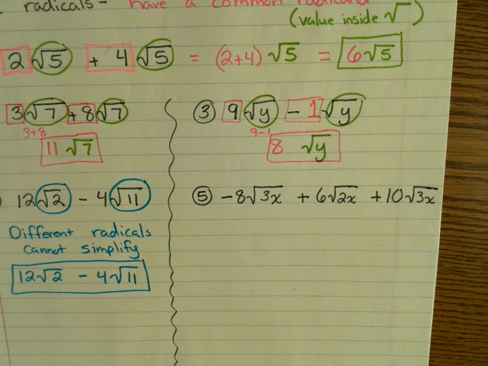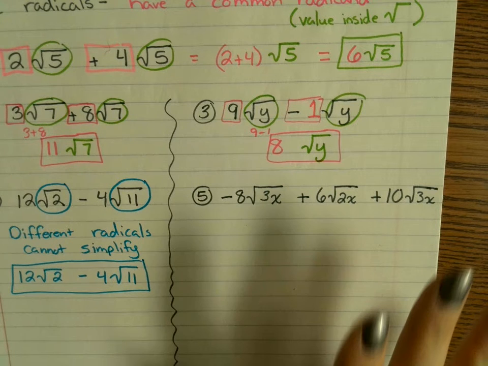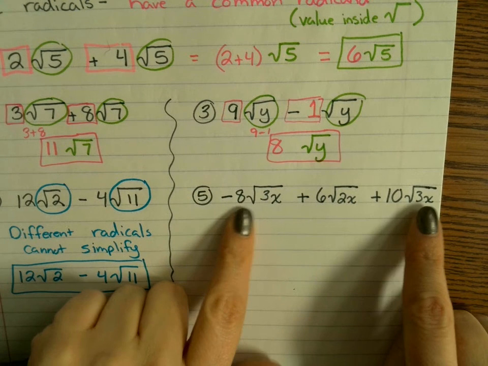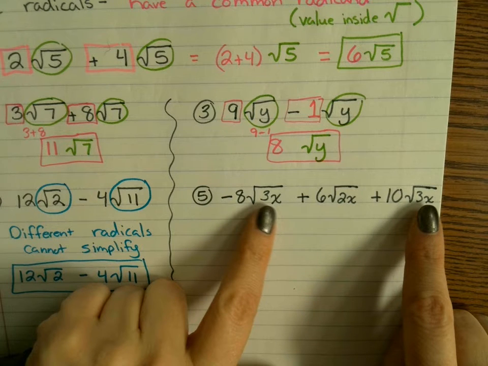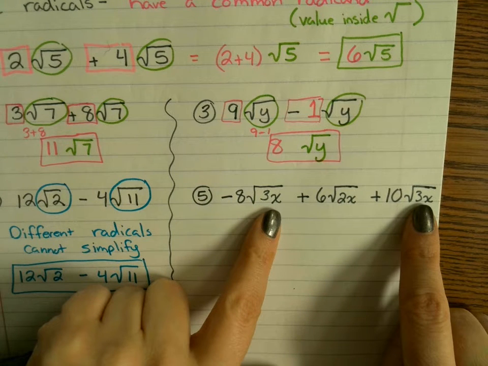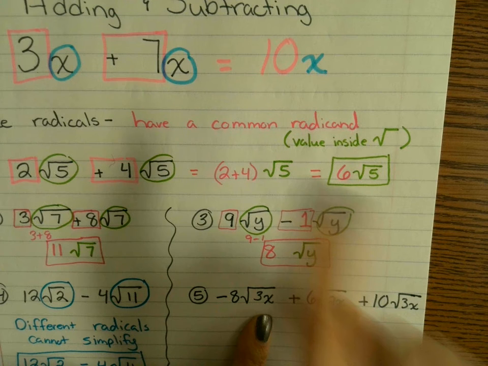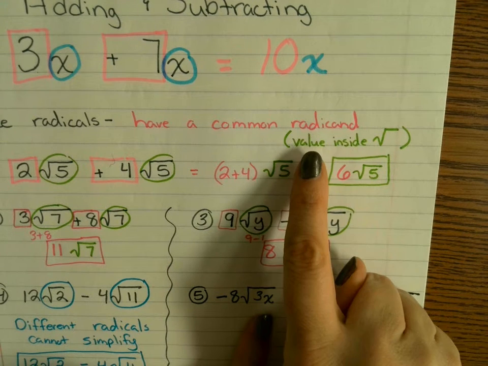The negative 8 square root of 3x and the positive 10 square root of 3x. Those are like radicals because what's inside of the root is identical. Remember, to be a like radical, you must have a common radicand. Means that the value inside has to be the same.